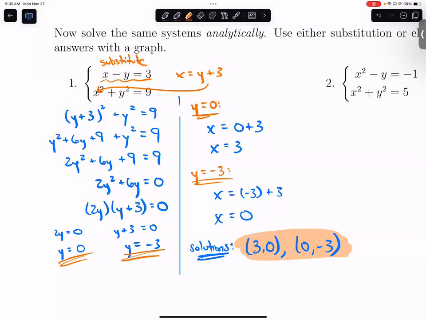Yeah, so if you're going to do elimination, you would have to be eliminating the x squared terms. Anytime you're solving a system at all, you have to be taking the two equations and tying them together somehow, right?